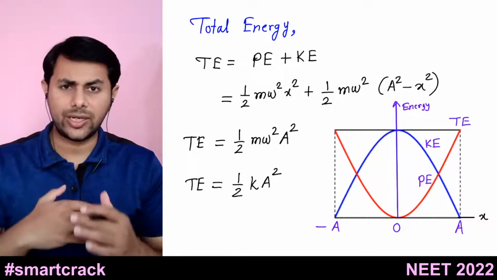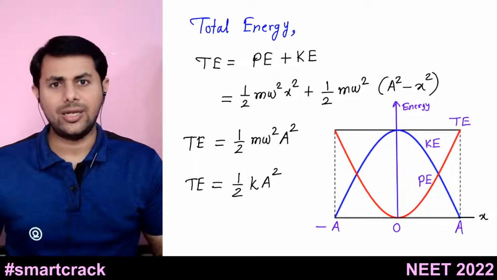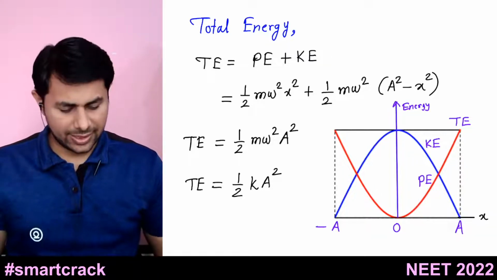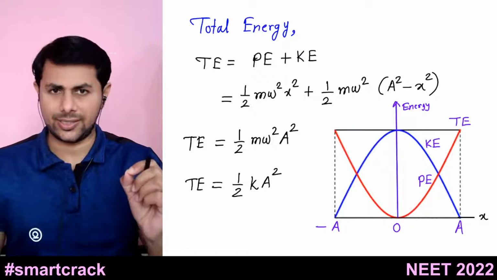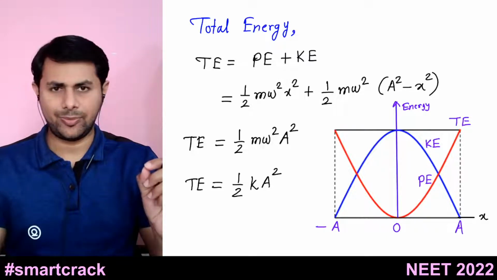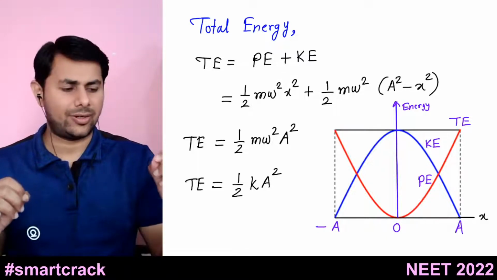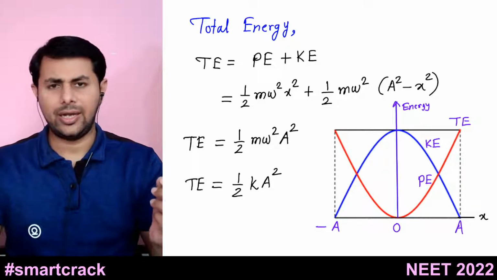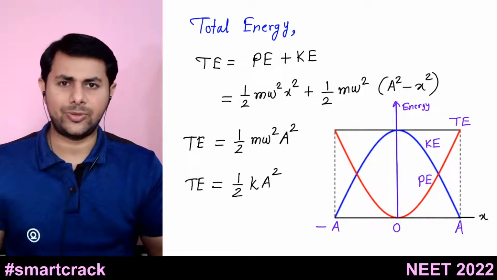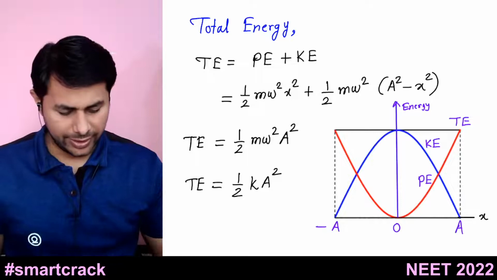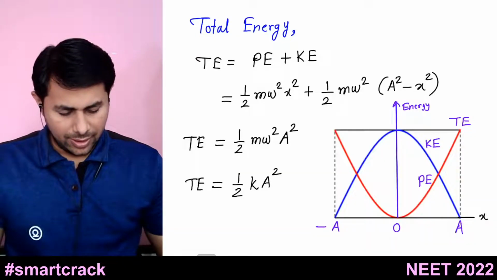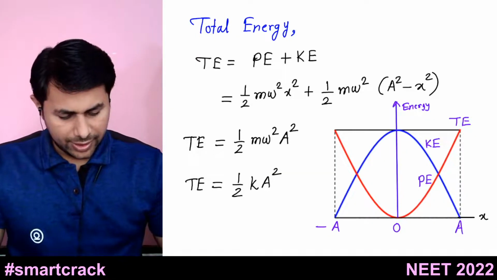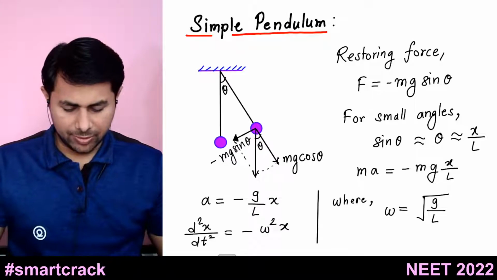That means its total energy is just potential energy, it doesn't have any kinetic energy, and that's why the particle is at rest at both the extreme positions. It will be at rest on the extreme position on the right, and on the extreme position on the left also. So yes, this is the total energy of SHM, simple harmonic motion.